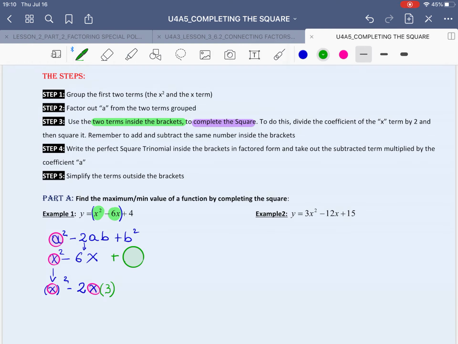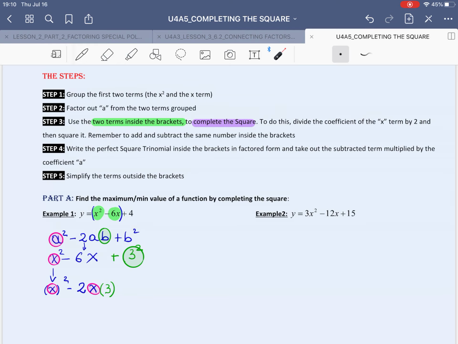And we have actually discovered somehow in here that our b value must be equal to 3. So we're going to say then we must add 3 squared to this equation. So to complete the square means that we take these two terms as the beginning of our perfect square.